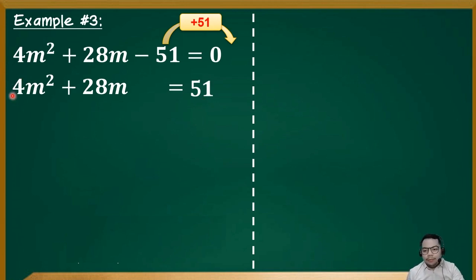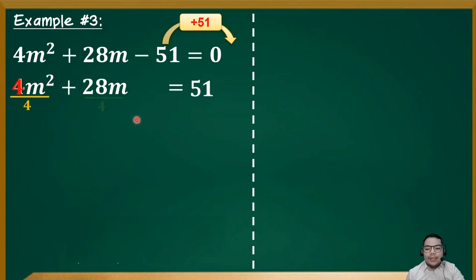Second step, we check the coefficient of the first term, or the quadratic term. This time, the number beside m squared is 4. So now we have the second step, because it is not equal to 1. You have to divide all of the terms by the given coefficient, the number beside the first term.